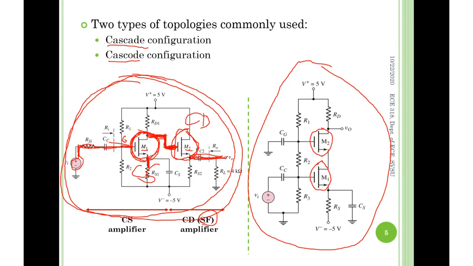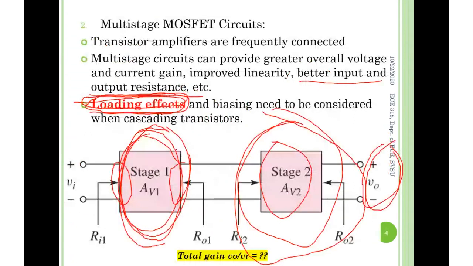However, you see this is two-stage, so you have a connection between two stages. This connection is the output of the previous stage and also the input of the second stage. Does that make sense? Because this is what we learned from the previous slide. Output of the first stage is also the input of the second stage. So this is the connection between two stages.